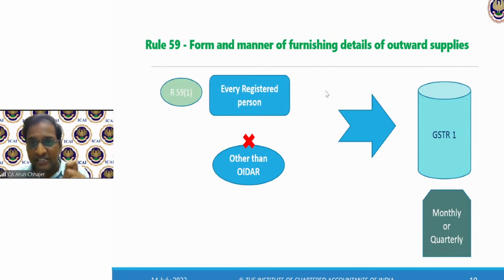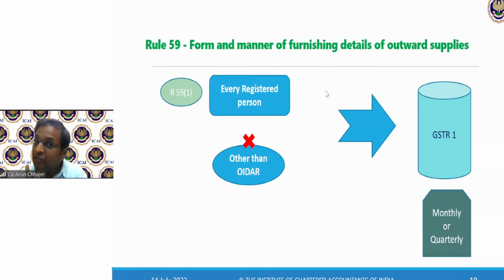The point which I would like to convey is: what will be the requirement on a QRMP taxpayer for month 1 and month 2? If you opted QRMP, is there any compliance to be done by the QRMP taxpayer in month 1 and month 2?